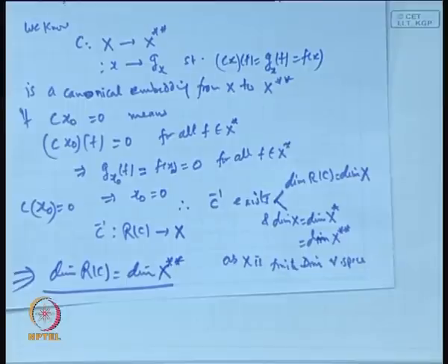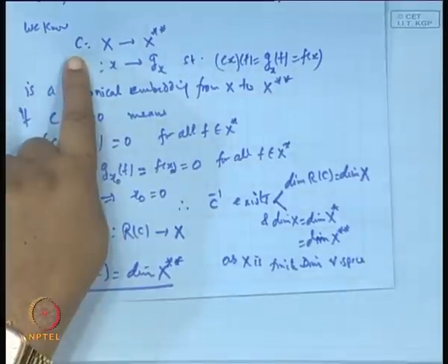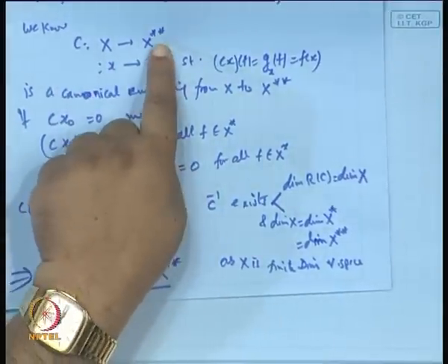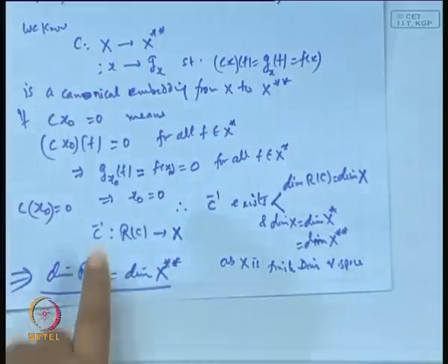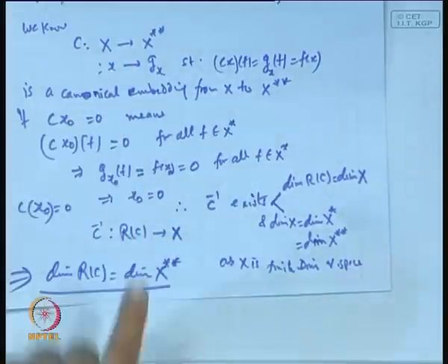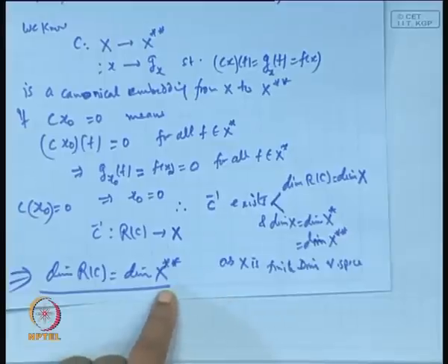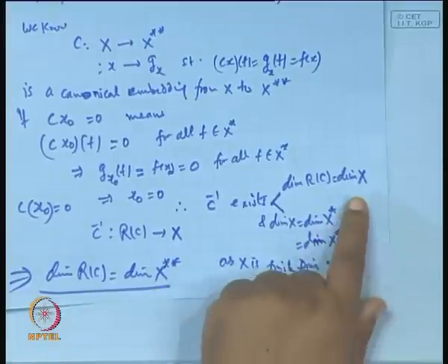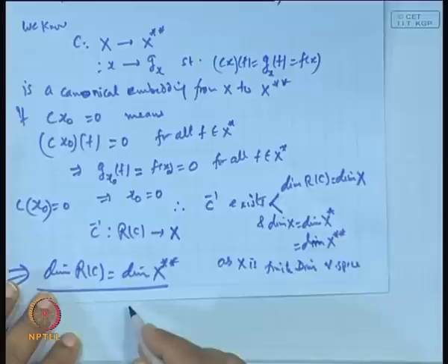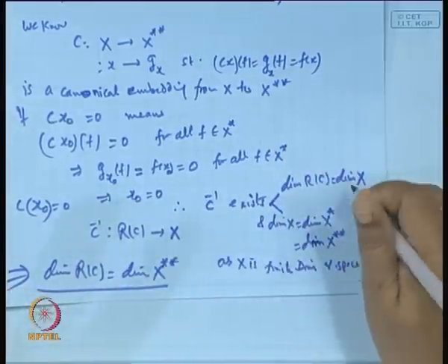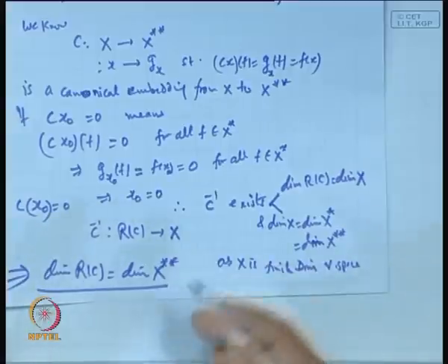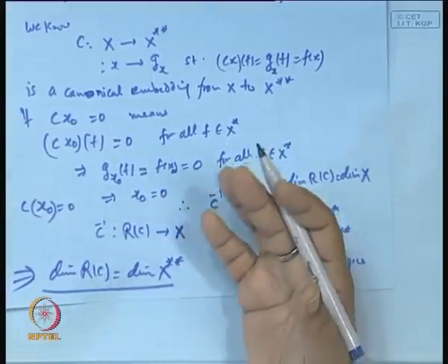Clear? So, this shows that C, which is a mapping from x to x double star, is a 1-1 mapping, and it preserves the operation. As dimension of R(C) and dimension of x star are the same, which is the same as the dimension of x, this shows that our finite dimensional space is reflexive.